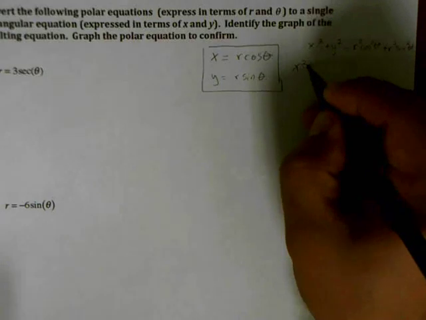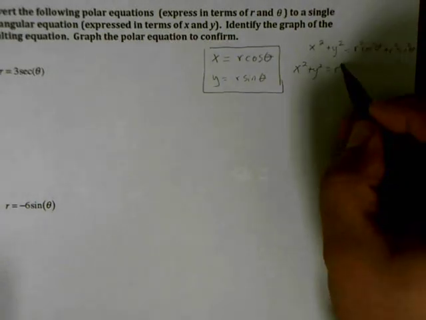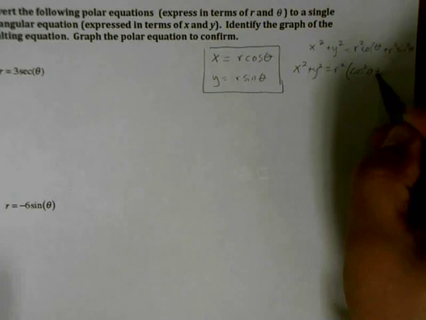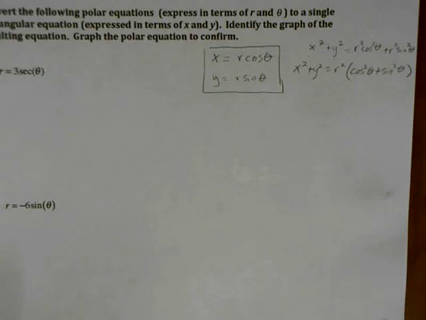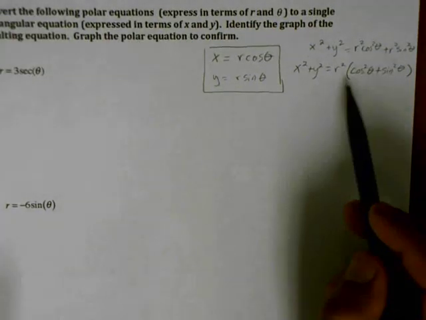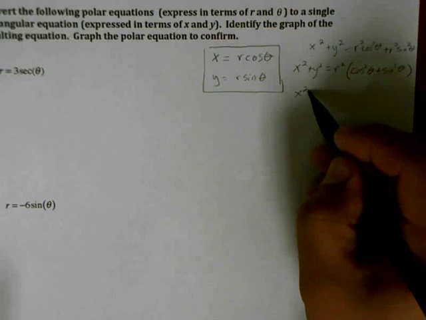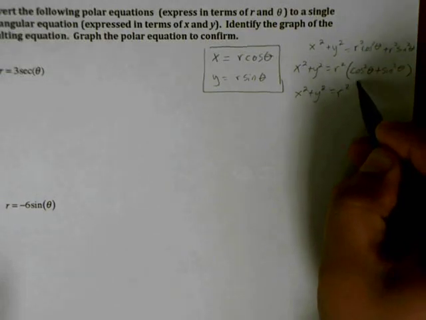And I can factor out r squared, which leaves me with cosine squared plus sine squared. And if you remember from trig identities, cosine squared plus sine squared is just 1. So I'm left with x squared plus y squared equals r squared.